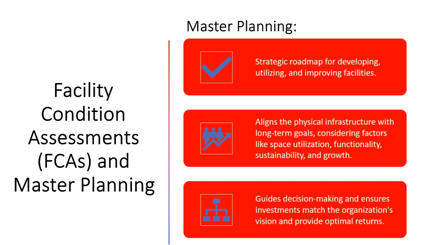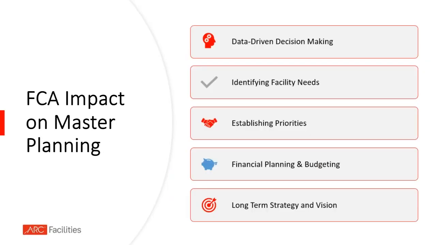Also, it helps guide your decision making and ensures investments match your organization's vision by getting those returns that you're really expecting. But an FCA and how it impacts your master plan is it helps you make more data-driven decisions. Okay, and that's really important. You're not just winging it. It's true data-driven decision making, but it also helps you identify your specific facility needs, building to building, not just the overall, but it can get as granular as building to building.